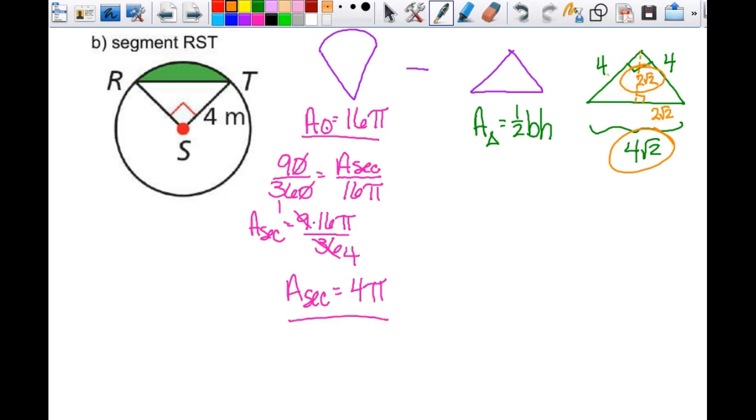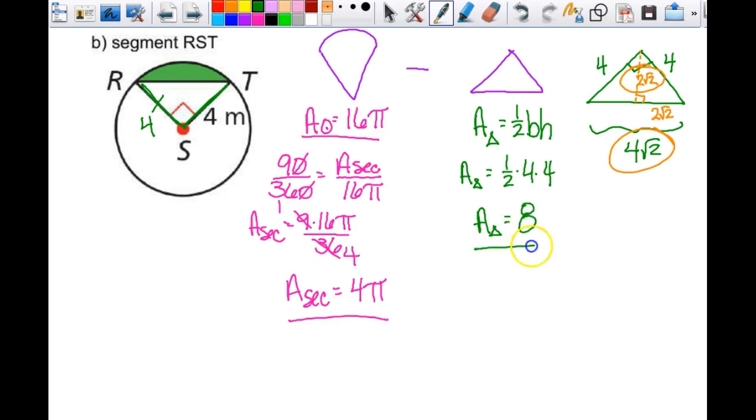However, what else could I use as my base and my height? 4 and 4. It's a right triangle. And if you have a right triangle, then your base and your height you can totally use as the legs. Sometimes you don't necessarily have both of them, but I do. They're both 4. So this is just area of the triangle is 1/2 times 4 times 4. So area of the triangle is what? 8.